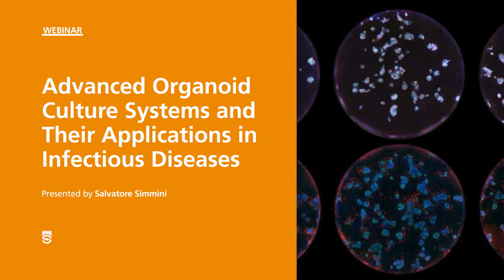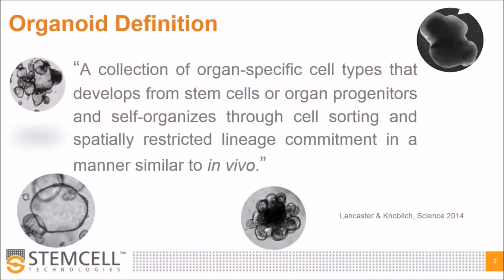Let's start. Organoids are defined as a collection of organ-specific cell types that develops from stem cells or organ progenitors and self-organizes through cell sorting and spatially restricted lineage commitment in a manner similar to in vivo.